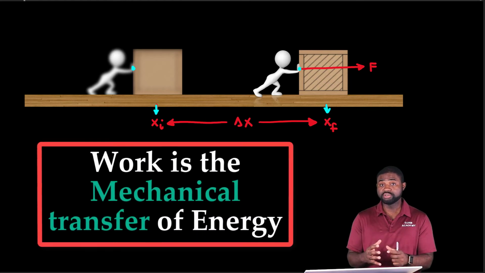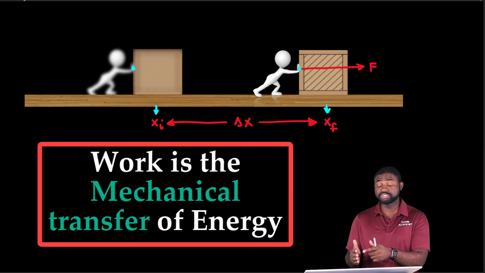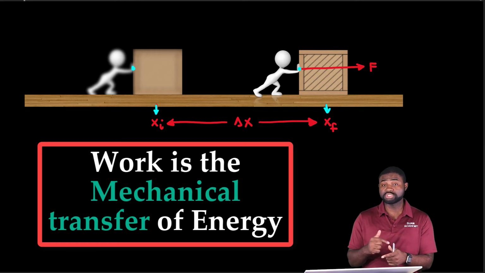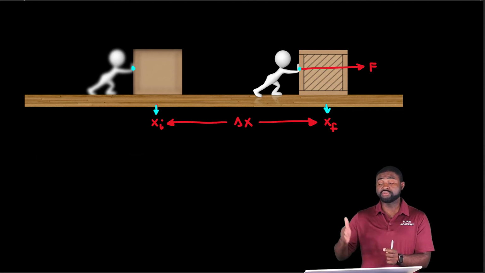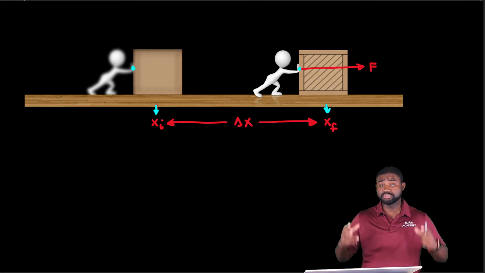Hence, work is defined as the mechanical transfer of energy into a system or out of a system whenever an external force moves its point of application along its line of action. This is the precise definition of work.